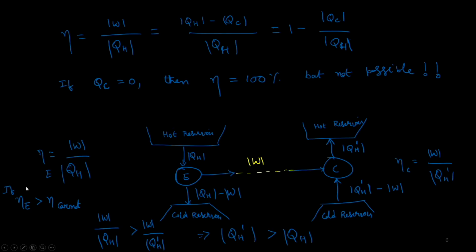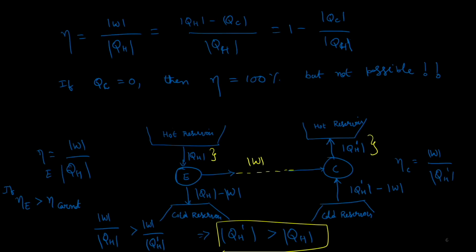So if I have any engine whose efficiency is greater than that of the Carnot engine, what it will do is that it will make QH prime, which is the heat that is rejected at the hot reservoir, greater than QH. It's the same amount of work, right?